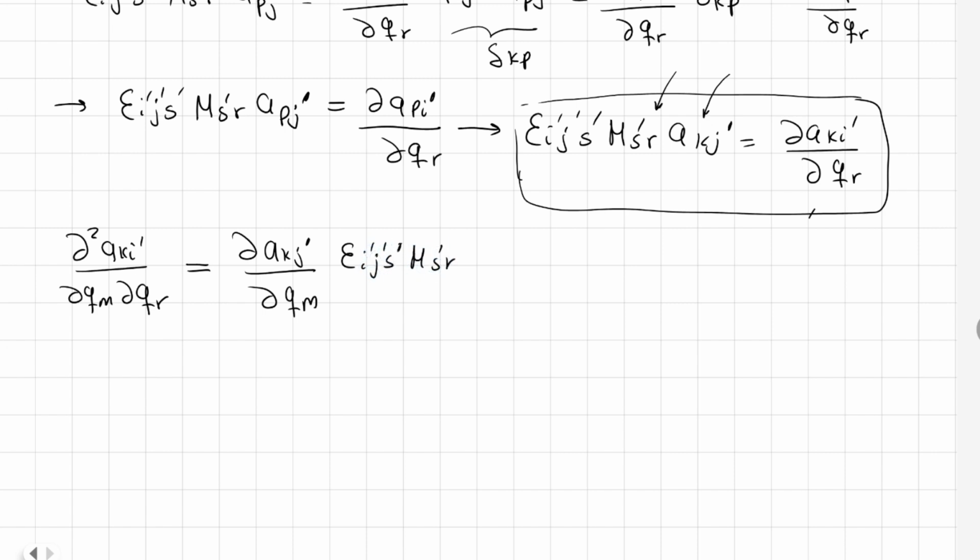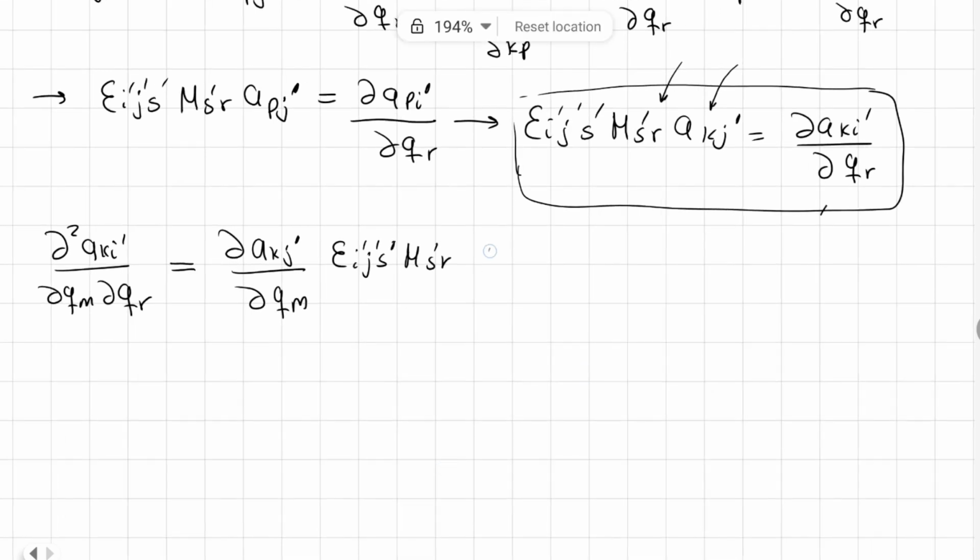We are using the product rule, of course. Then plus, we take the derivative with respect to Q_M of this, and it will multiply these two terms over here. So we get A_KJ' epsilon_IJS times the partial of M_SR with respect to Q_M.